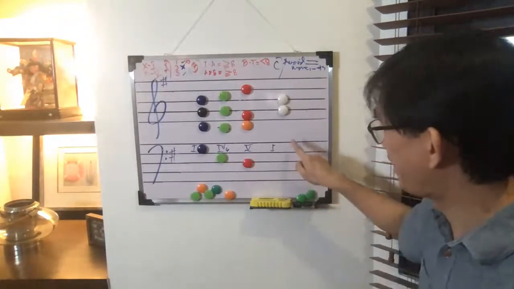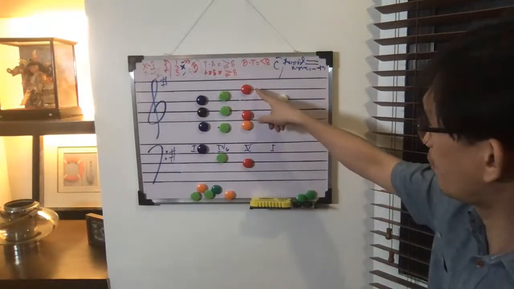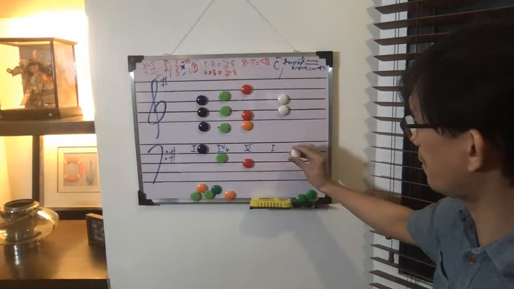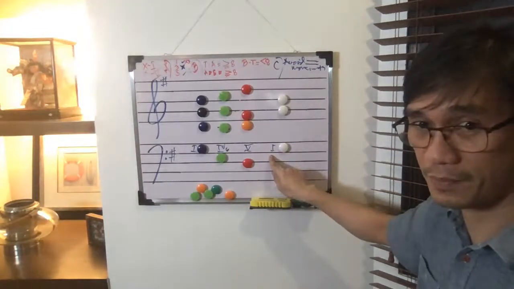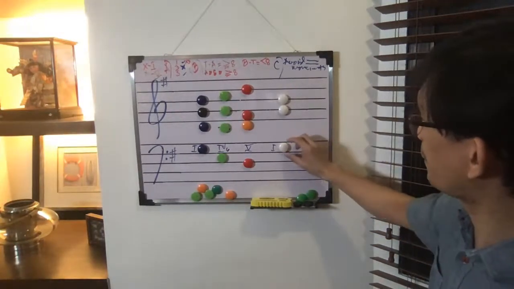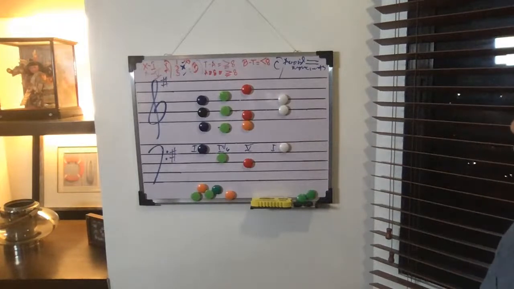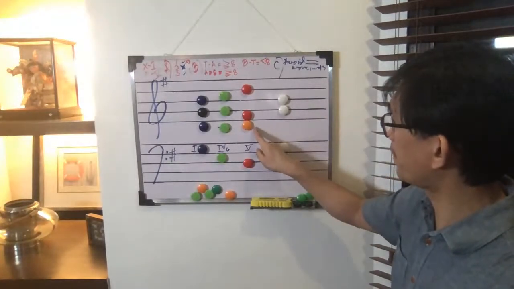So where do we go now? Since this one went down, the bass should go up. What is the tonic? The tonic is G. So there. And then we need a voice for this.